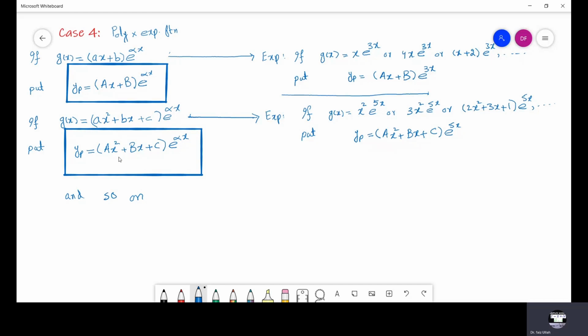So we can see that in all these cases, we are using the case of polynomial. So if there is a third order polynomial, we shall put yp is equal to ax cube plus bx square plus cx plus d into e power alpha x, and so on.